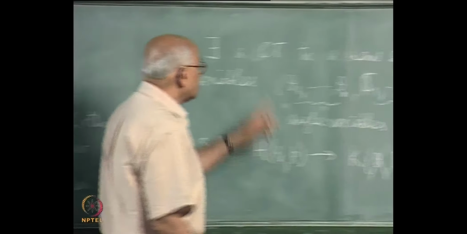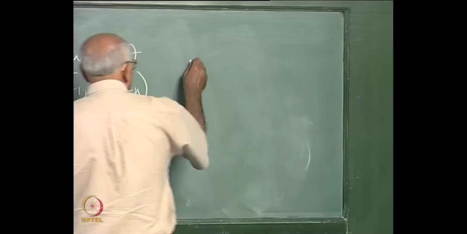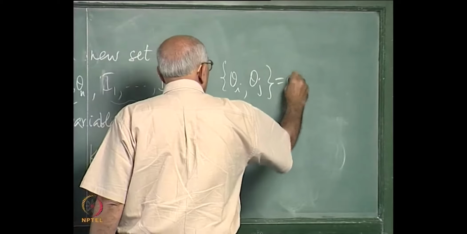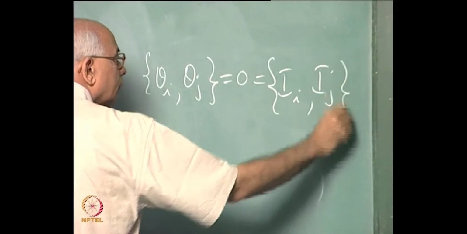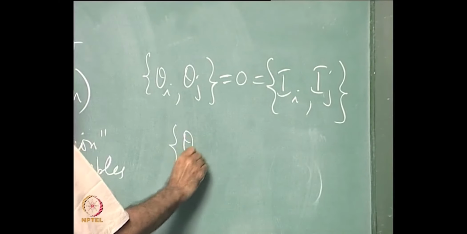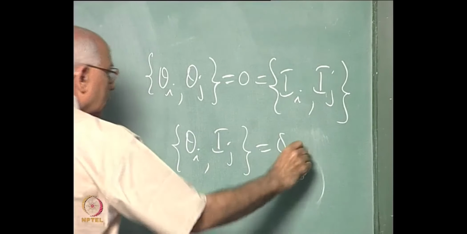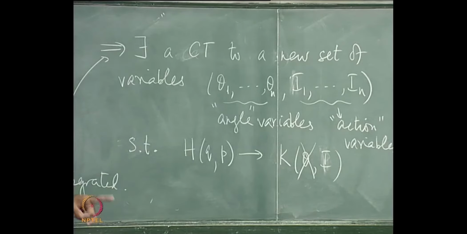Notice that since it is a canonical transformation, we also have the relations: the bracket of theta i with theta j is 0, the bracket of I i with I j is 0, and the bracket of theta i with I j is delta ij, because it is a canonical transformation, and you are guaranteed that the structure of Hamilton's equations is unchanged.